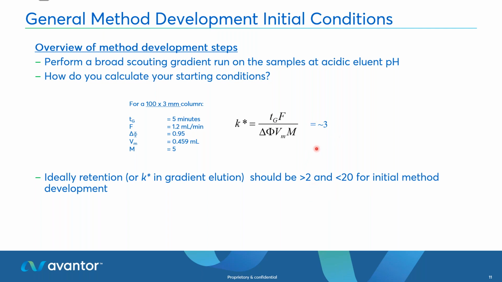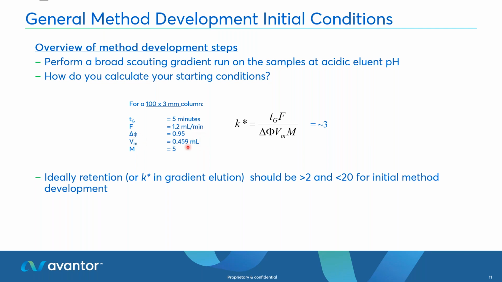So when we plug these into our retention factor calculation, we went for about 3 here. This is what we're aiming for. What that looks like in a method is a 5-minute gradient time running at 1.2 mL a minute. The gradient range is 95, so we're not going to 100% aqueous because some of our columns can't cope with that. So a 0 to 95% aqueous range.